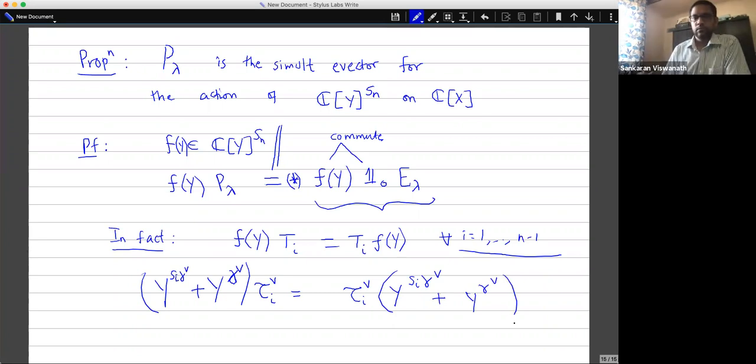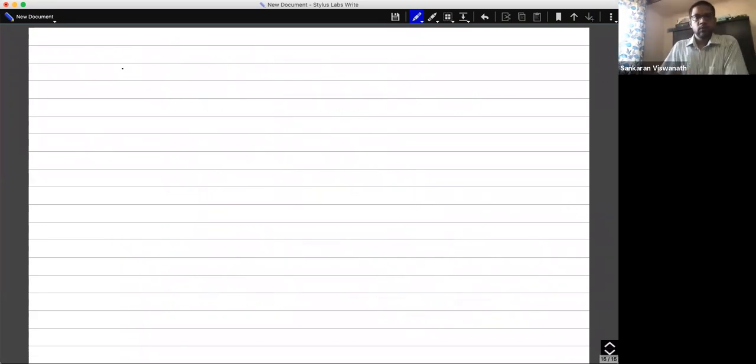So now, extending this, if I take a symmetric function in the y's, then it will commute with all the tau checks, not just the fixed i. So this logic therefore shows the following: if I take an fy which is symmetric, then it certainly commutes with the tau check, for all f in C[y]^Sn.